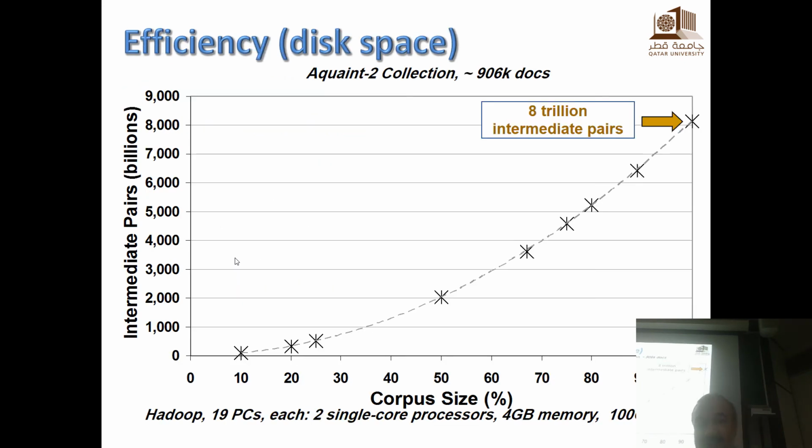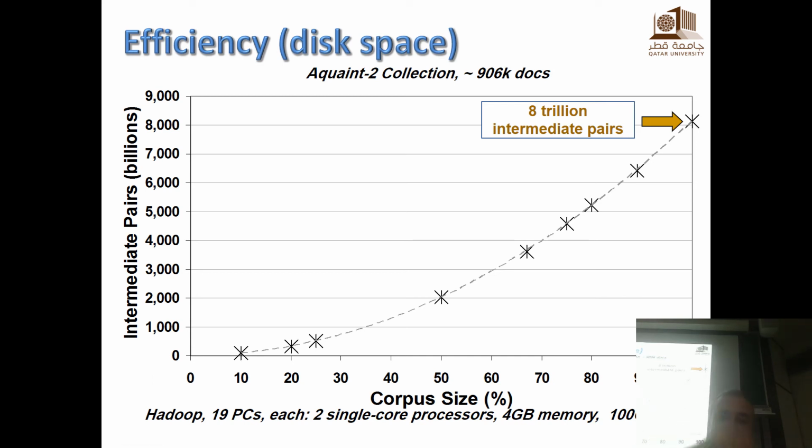So on the x-axis, this is the collection size. In NLP, by the way, we call it corpus. That's the collection size percentage. So that's 100% when we have the 900K documents.